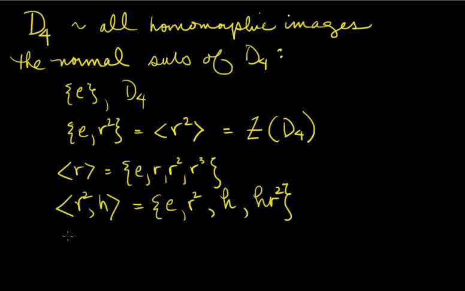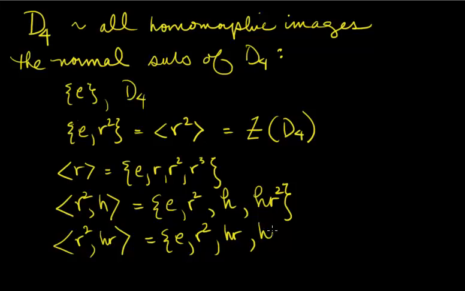And that is a normal subgroup. The other normal subgroup of order 4 is generated by R squared and HR. Here we get the identity, R squared, HR, and HR cubed. These are all the normal subgroups of D4.